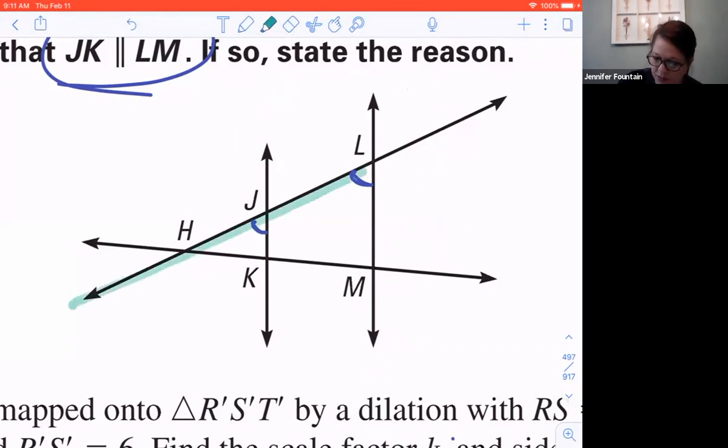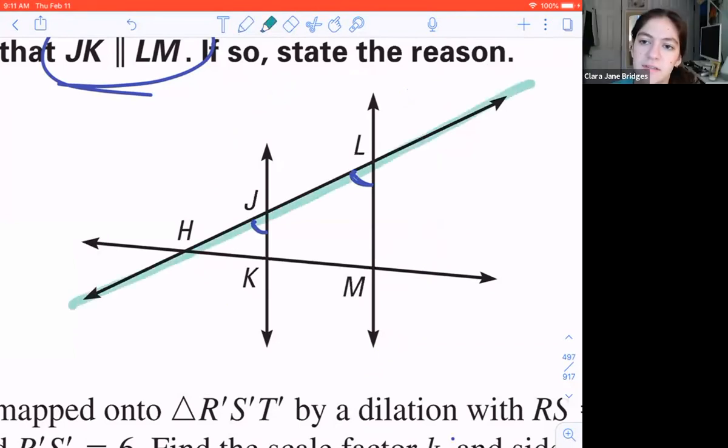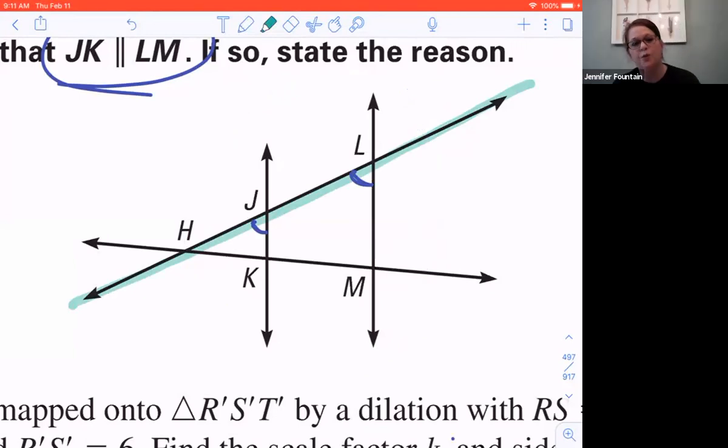This is my corresponding angles. If this is my transversal and they're both on the same side of the transversal, they're corresponding angles. To be alternate interior or alternate exterior, that means they're on opposite sides of the transversal and they're either inside the parallel lines or outside the parallel lines. So I want y'all practicing with those. You've got to know the relationships of where these angle locations are.